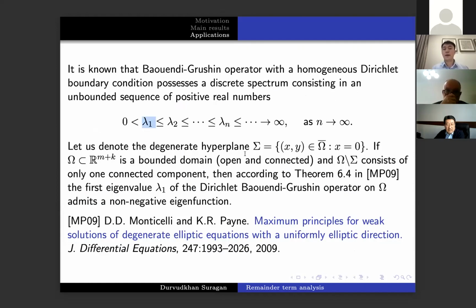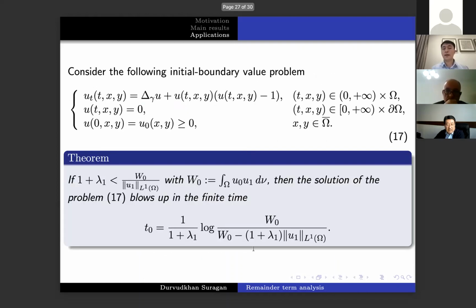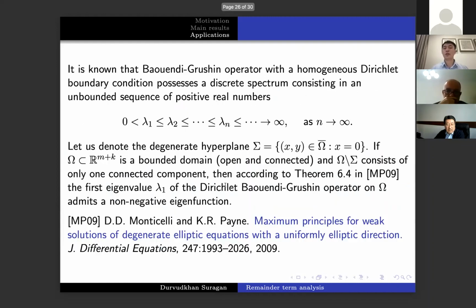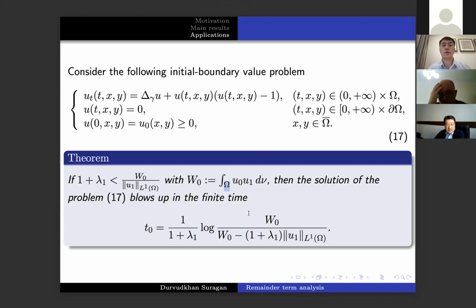And U1, which is the corresponding eigenfunction. Of course, for omega, we use the assumption from this paper.